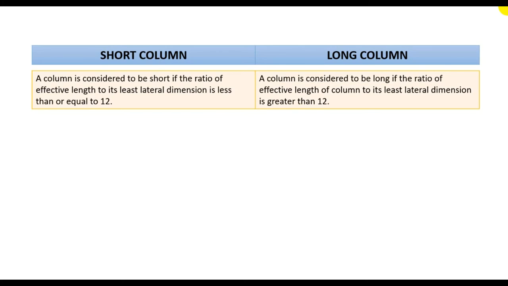The least dimension will be 12, and its length will be the floor to floor height of that column. We have to find the ratio of them and compare it with 12. If it is equal to or less than 12, then it is a short column, and if it is greater than 12, then it is a long column.